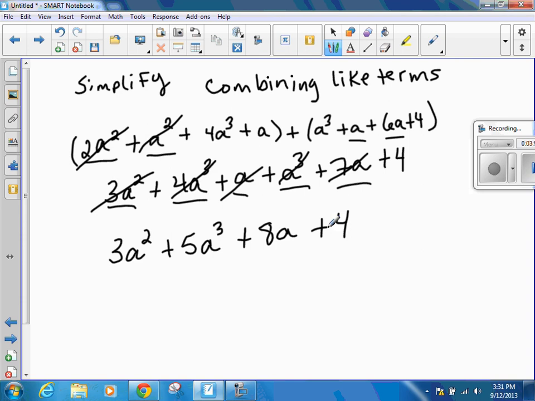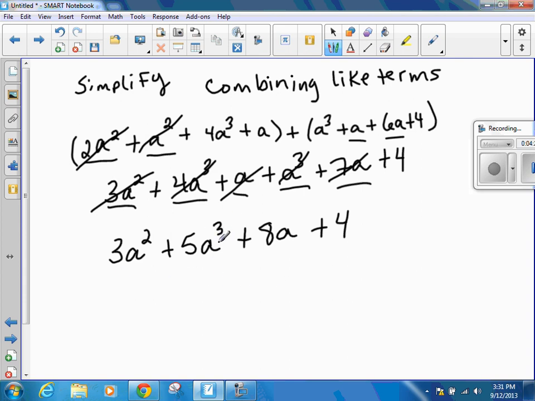Now, I think that your answer choices will be in order according to the powers. So when I say in order according to the powers of our exponents, we're basically going to reorder this whole statement so that we're going in descending order with our exponents.